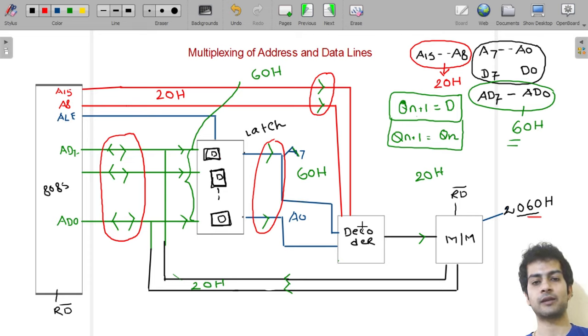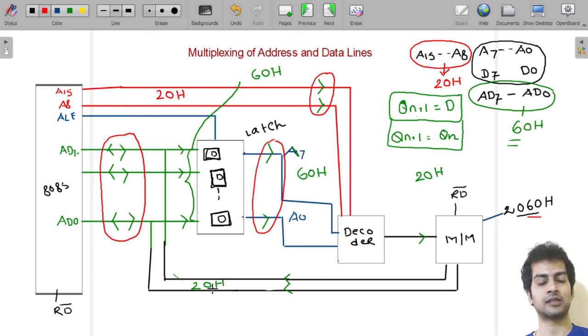Then my decoder will energize the memory location, and as the control signal read is high, this data 20H, which is inside memory, will be read and come back to the processor in this path. So this path, AD7 to AD0, acts both ways, as an address bus as well as a data bus.